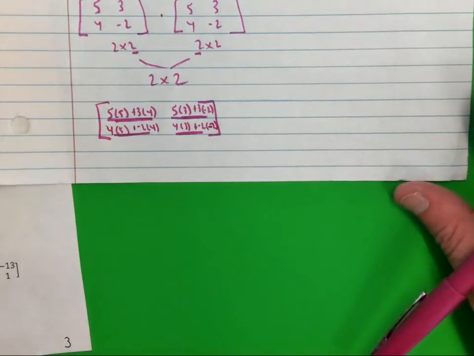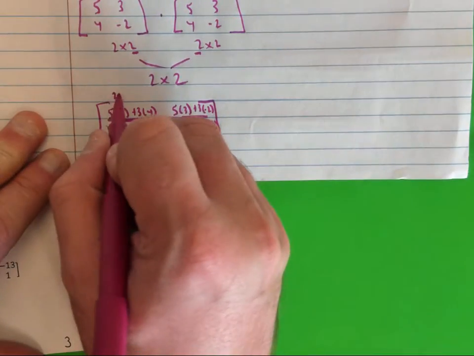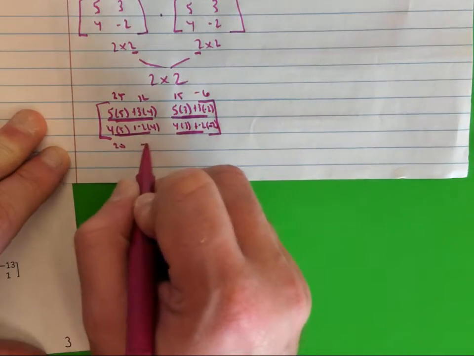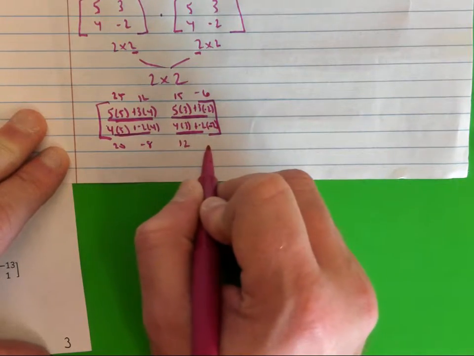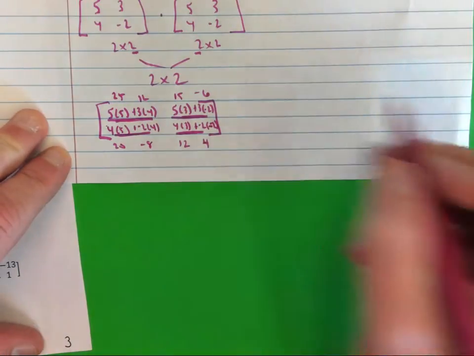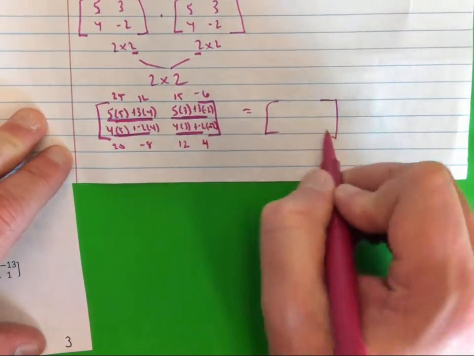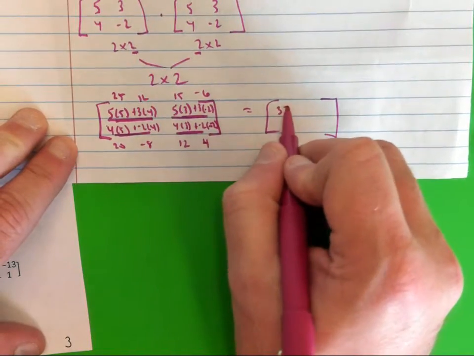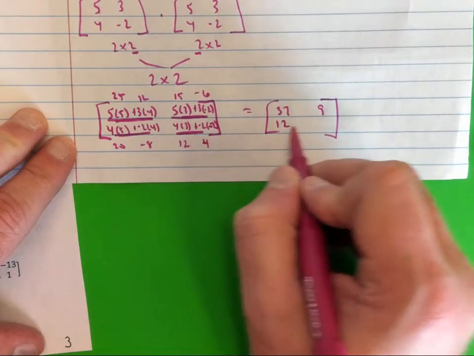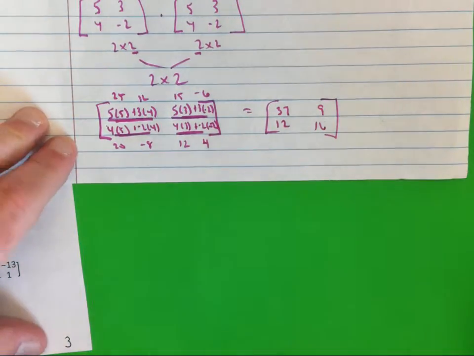I'm going to go back and look at it. It's simplified. That's 25 and 12, 15 and negative 6, 20 and negative 8, 12 and 4. So my result, 25 and 12 is 37, 9, 12, and 16.